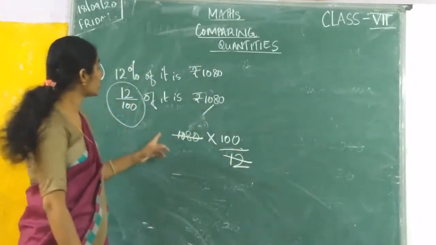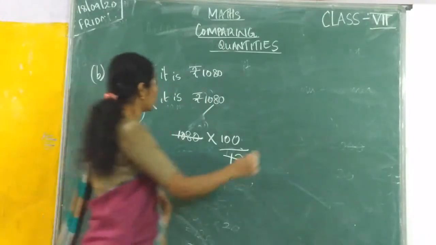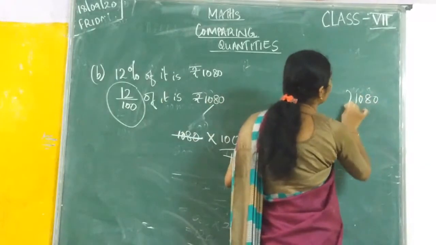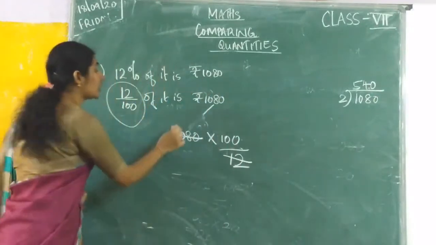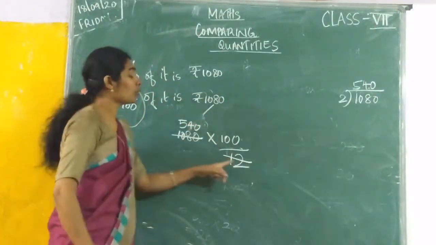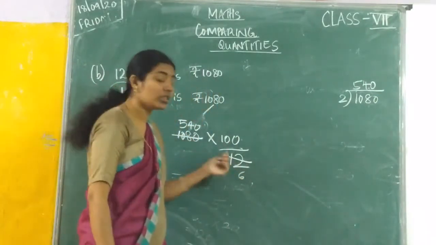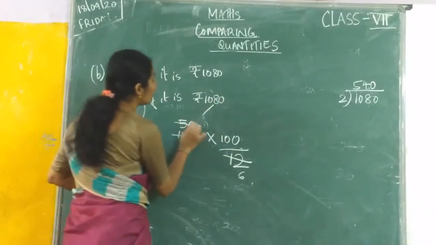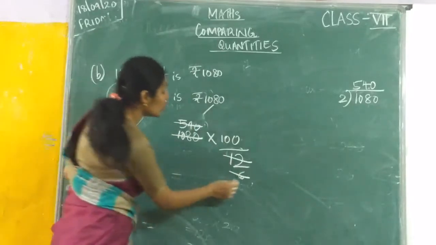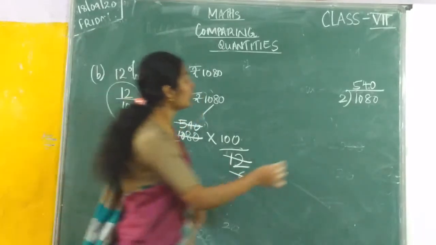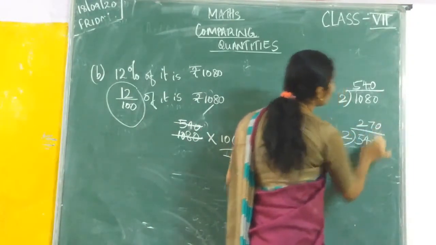12 and 1,080 both are in the same table, isn't it? Which table? 2 table. So when you divide this number by 2, what will you get? 540. So write here 540. 12 divided by 2, what will you get? 6. Isn't it? 2 6s are 12. Now again 540 and 6 you can cancel because both are in the 2 table. 2 3s are 6. 540 divided by 2, you will get 270.